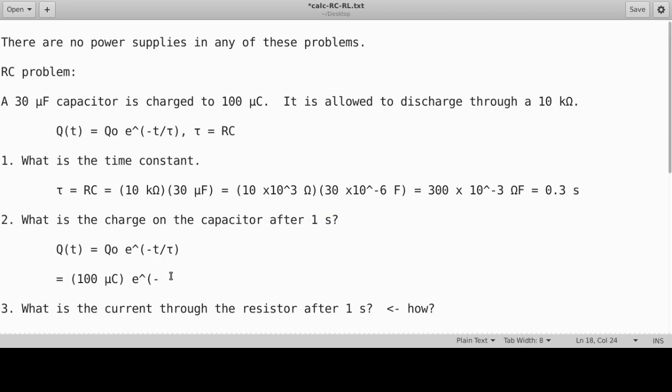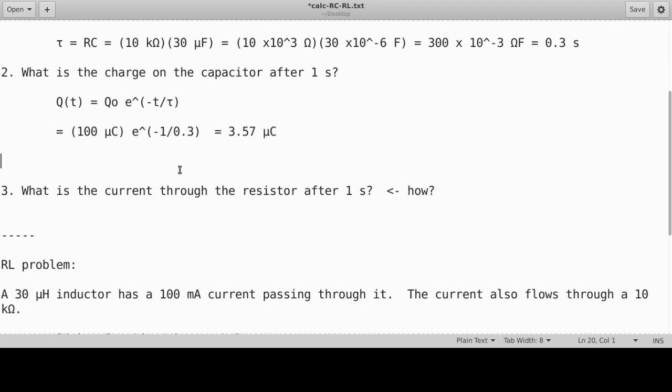So the t here, that's 1 second, but the tau turned out to be 0.3, and you have to work this out on your calculator. So let me see here, e to the exponent minus 1 divided by 0.3 multiplied by 100. It turns out to be, actually rounding off, and microcoulombs. Okay, so that was easy enough, and no calculus yet.